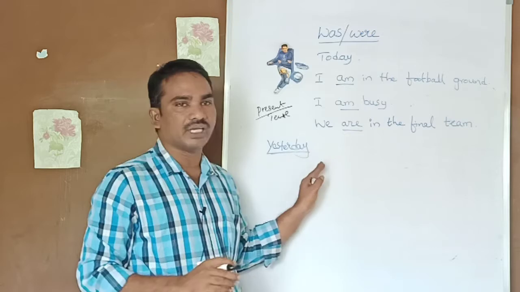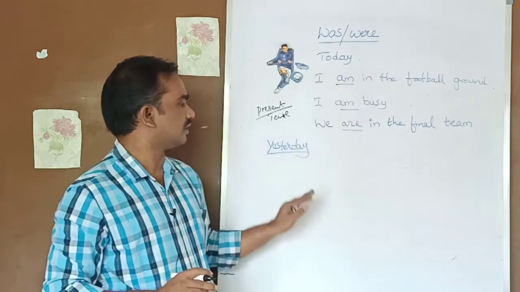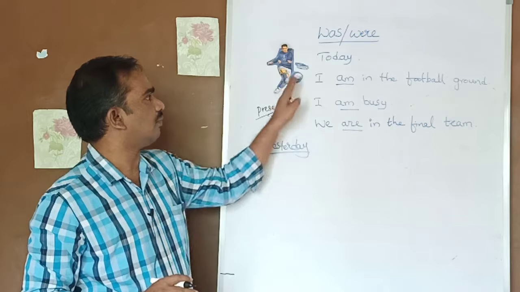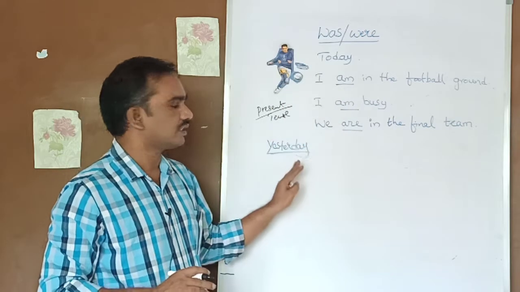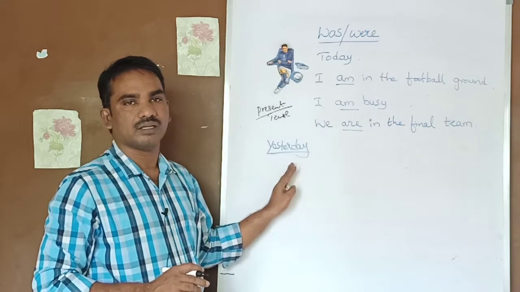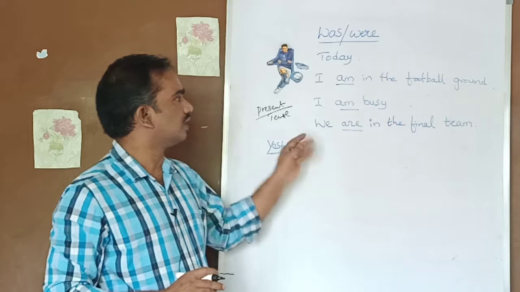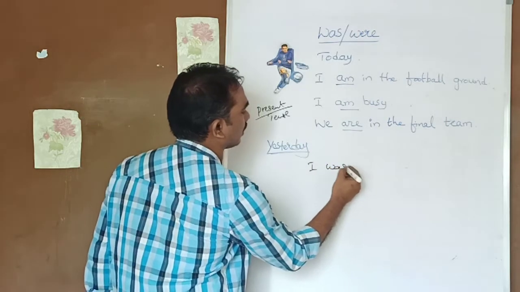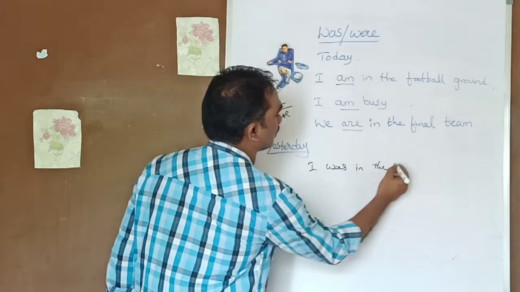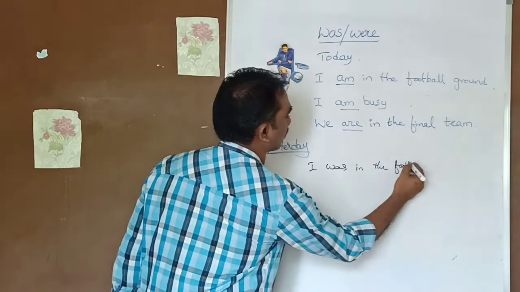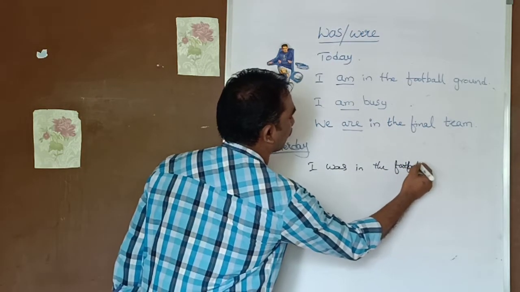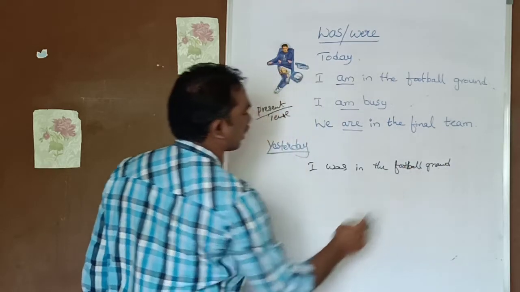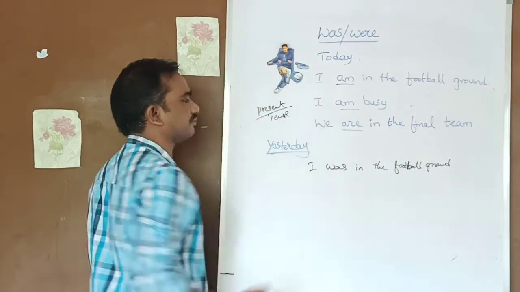If you use the same sentences yesterday, for example, just imagine Roberto Baggio said these things yesterday. How does he say? For example, I was in the football ground. I am busy.